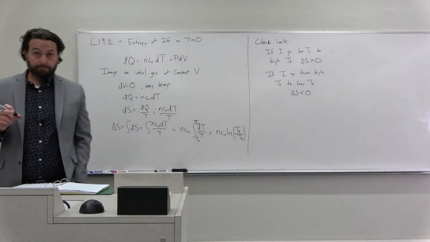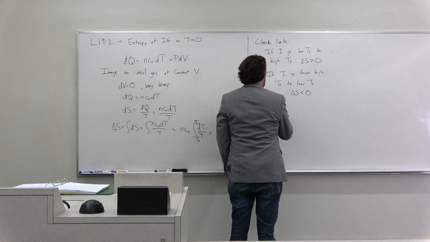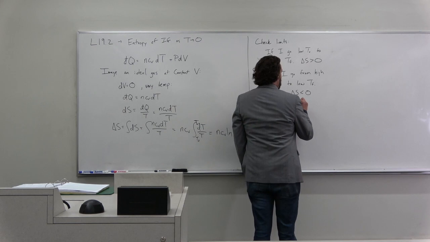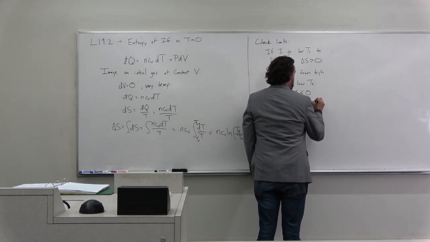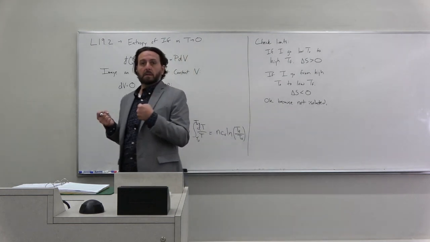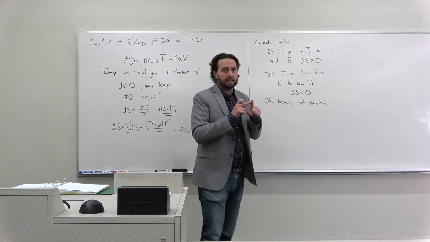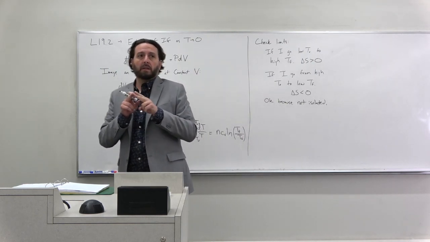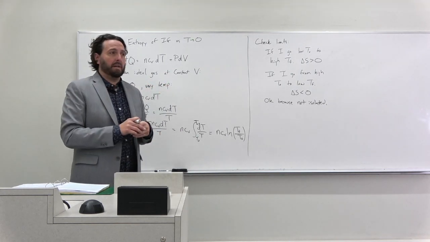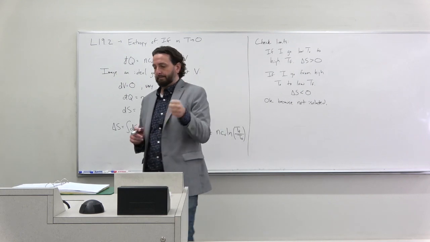Is that okay? So this is okay because it's not isolated. I had to take heat out to go to low temperatures, so this system is not isolated. If I had looked at the system in this process for both my ideal gas and, say, my refrigerator, the total entropy of that universe would increase.